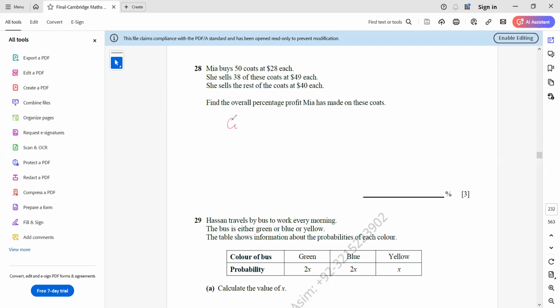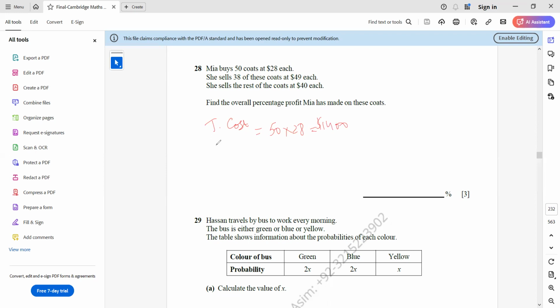Total cost is 50 times 28, which is 1,400 dollars.